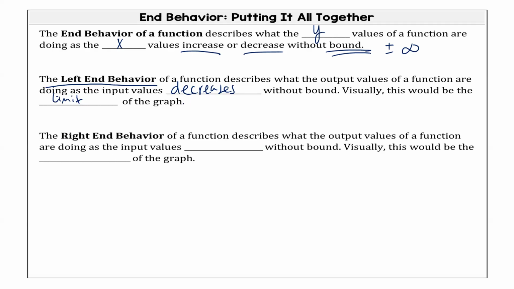Your right end behavior of your function describes what the output values of the function are doing as the input values increase without bound. And that would be called our right-hand limit. So we're building up to the word limit.